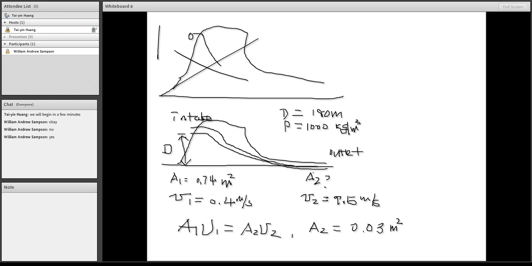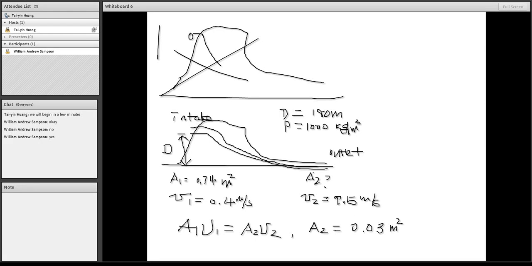Okay, so in this case, on the left we define everything with the index of 1, and on the right we define everything using the index 2. If we recall Bernoulli's equation, it says that pressure P1 plus 1/2 rho v squared plus rho gh has to be equal to the pressure plus 1/2 rho v squared plus rho gh at any other point on the same channel.